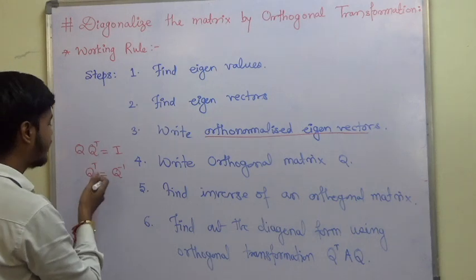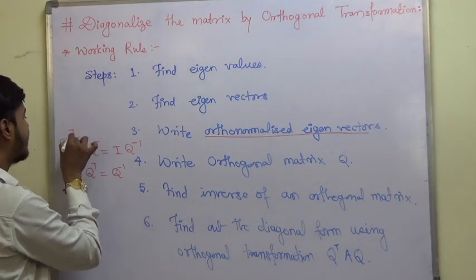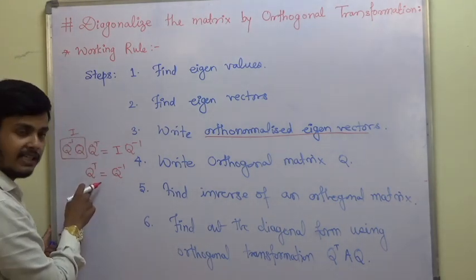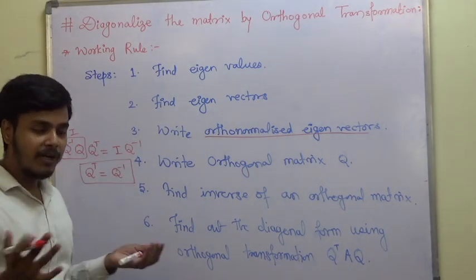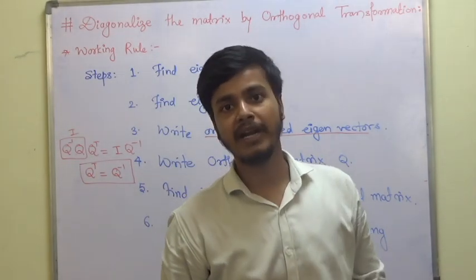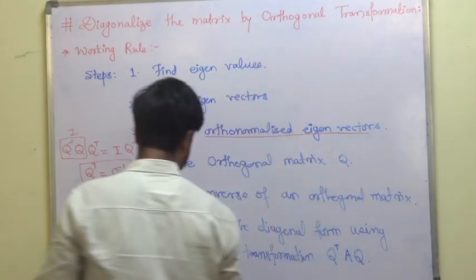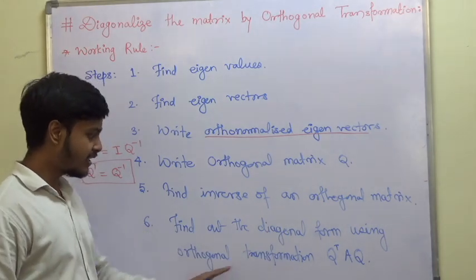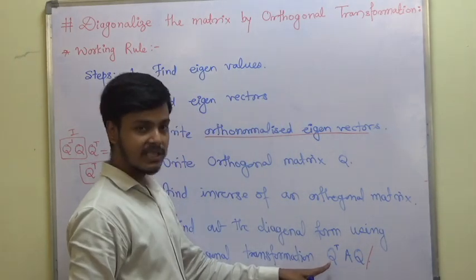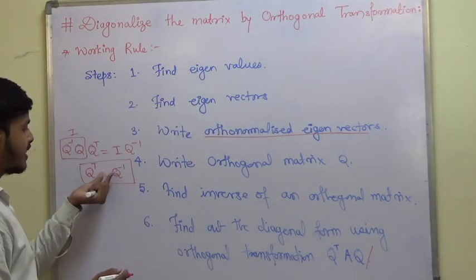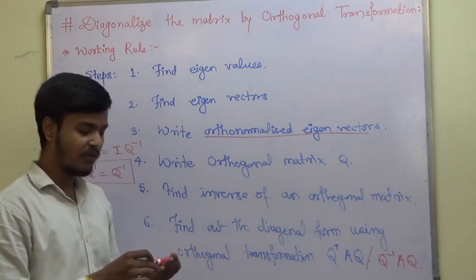Multiplying by Q inverse on both sides, the Q inverse times Q becomes identity, and identity times anything is anything. So finding the inverse is not a big deal: once you get the orthogonal matrix, you just take the transpose to get the inverse. At last, you find the diagonal form using the orthogonal transformation. Since Q transpose is the same as Q inverse, you can write it as Q inverse A Q. You can make use of either.